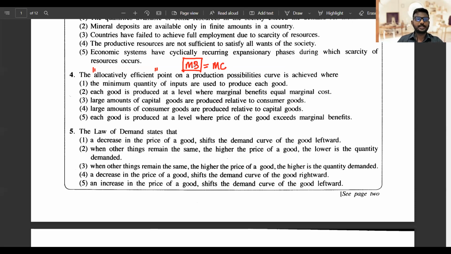When both are equal, we say that's allocative efficiency. So this is the condition that should be met for allocative efficiency to be achieved: marginal benefit should be equal to marginal cost. Is that clear? Or in some cases, you might get this equation: price equals marginal cost. That's also correct. Is that clear?